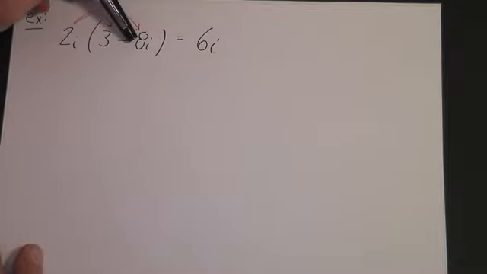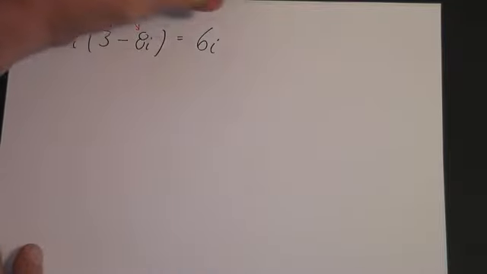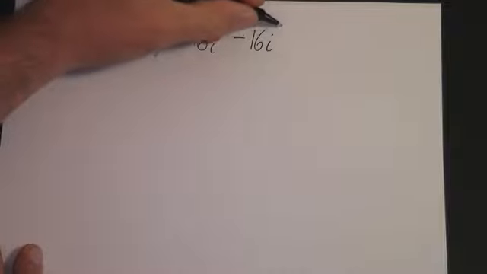Now let's do some slightly more difficult multiplication problems. Let's do 2i times 3 minus 8i. In this case, we're going to distribute. We distribute the 2i across the parentheses. 2i times 3 is going to be 6i. And 2i times a minus 8i, that'll be a minus 16i squared.